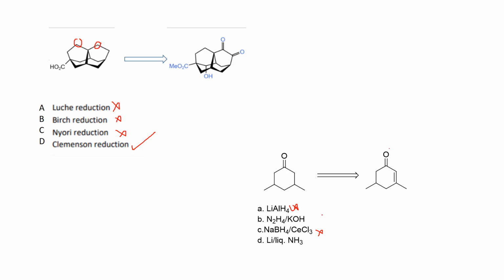So both get reduced, both double bond and ketone. In the case of this one, only the ketone gets reduced. This is Birch reduction, which can be applied for an aromatic ring only. This is not an aromatic ring, so the correct option will be this one.